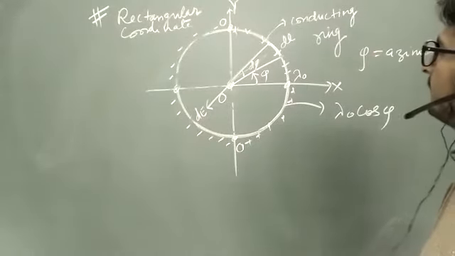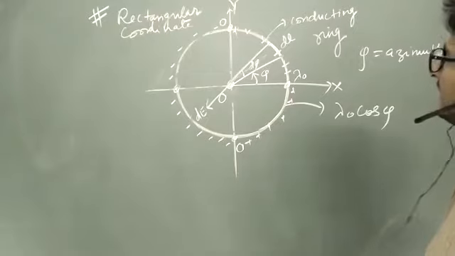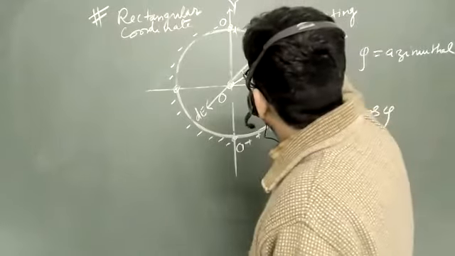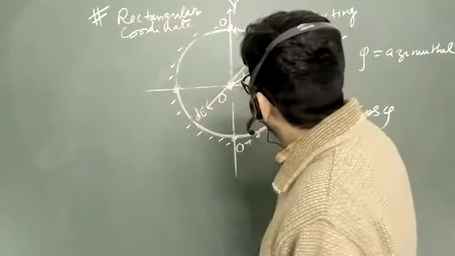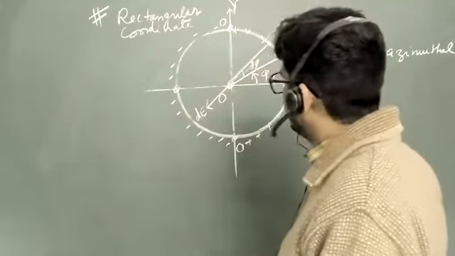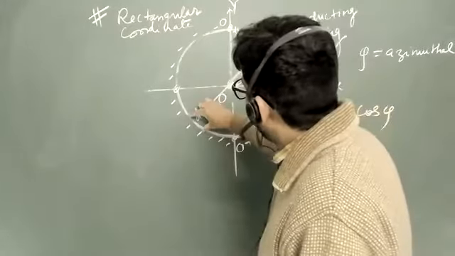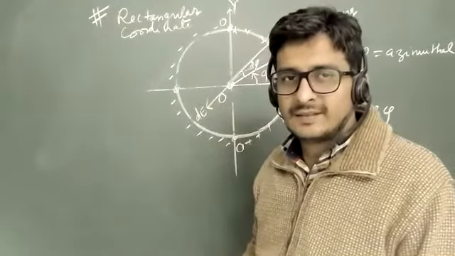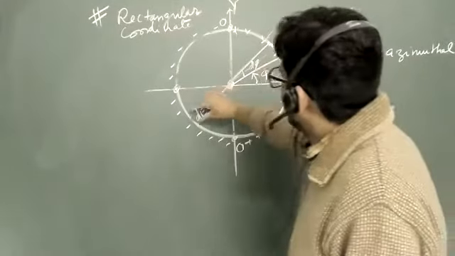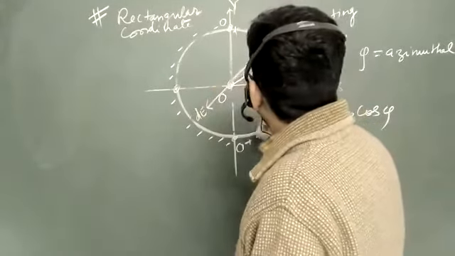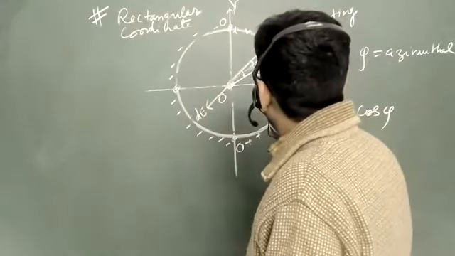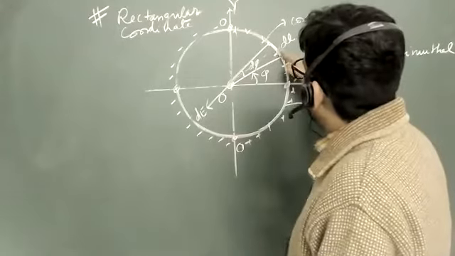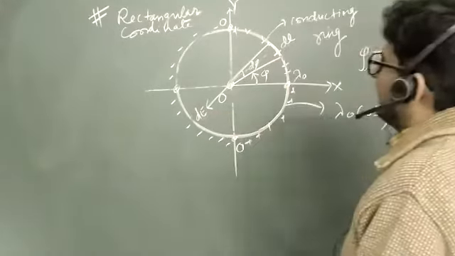And symmetrically, if I take a small length this side, symmetrical to this point, what is happening? For this side, I will have the electric field in the same direction. So this part and this part. And if I take a small electric field this side, please understand, this angle phi, here the electric field dE is coming.